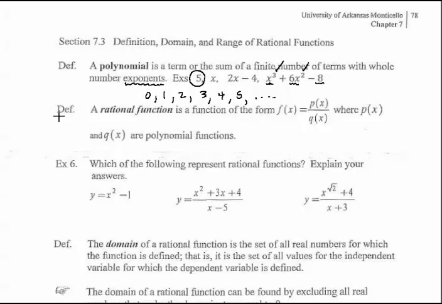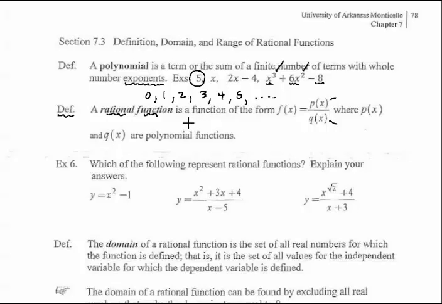Now, our next definition, rational function. Well, this is what we call a function when we've taken one polynomial and then we've divided by another one. p of x is a polynomial, q of x is a polynomial. We take the two polynomials and we divide. This is what a rational function is.